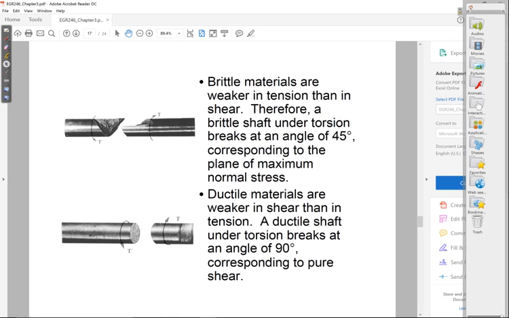So the reason that these spiral fractures happen so often in skiers, I would imagine, since I don't ski, is that it's easy to catch your ski on the snow, maybe as you're walking around or even as you're skiing. It's very easy to catch the ski and then twist your leg. And if you twist your leg, you're obviously applying a pretty large torque to the long bones in your leg, and that causes them to break at this 45-degree angle.